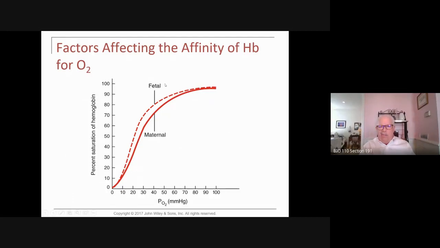So fetal hemoglobin has a higher affinity for oxygen than the maternal hemoglobin. This hemoglobin, known as hemoglobin F, has a higher affinity for oxygen than hemoglobin A. Okay?